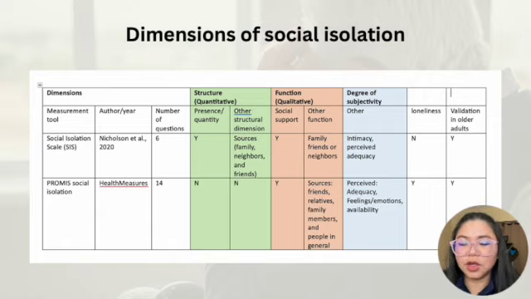With this in mind, when searching for a tool to measure social isolation, it's important to clearly define what aspects of social isolation you want to measure and the goals of your study or intervention. This will help you choose the right tool, because different tools may focus on different aspects of social isolation.